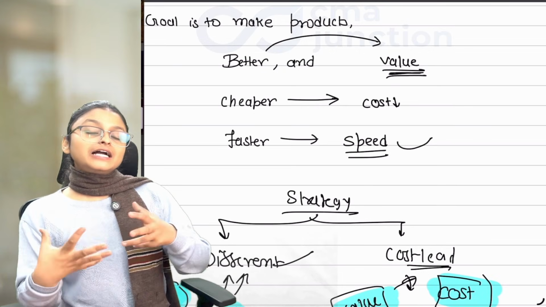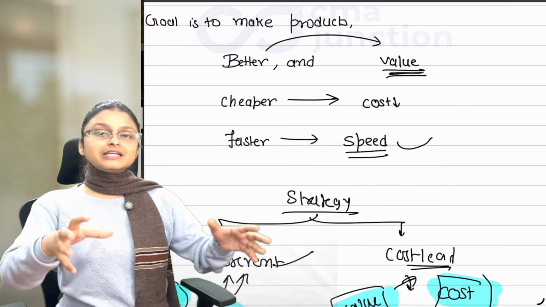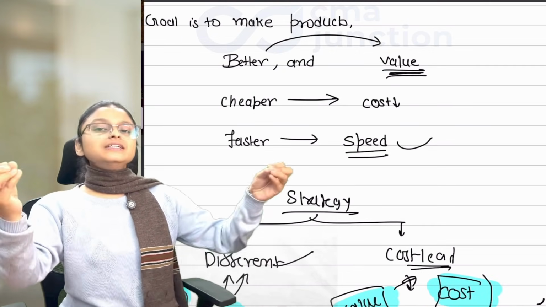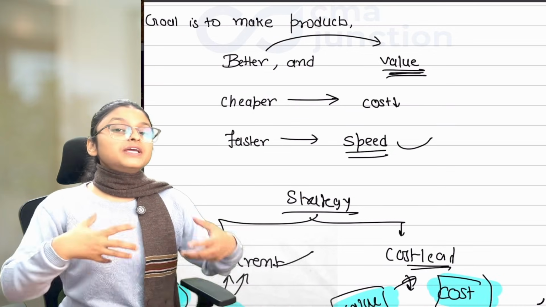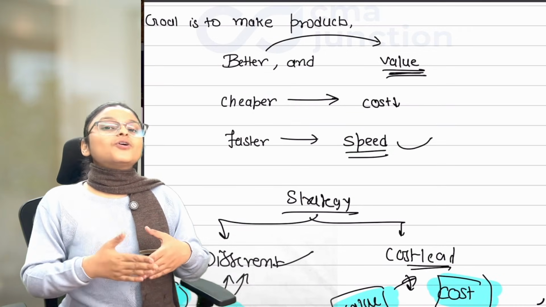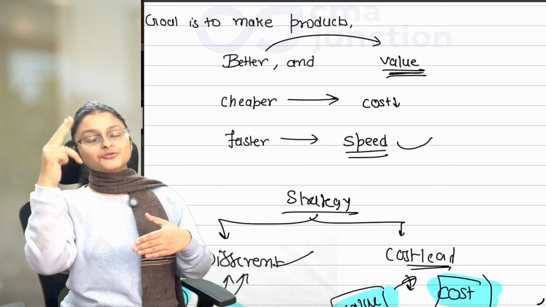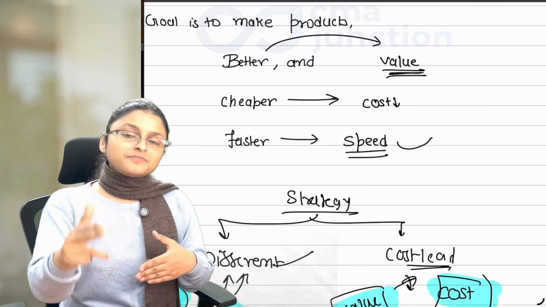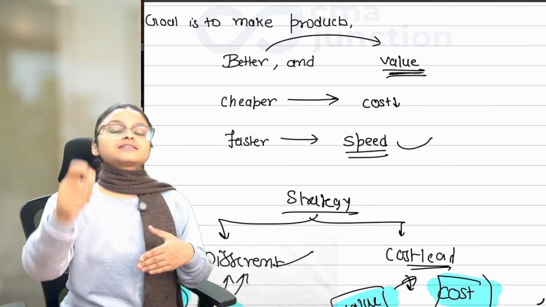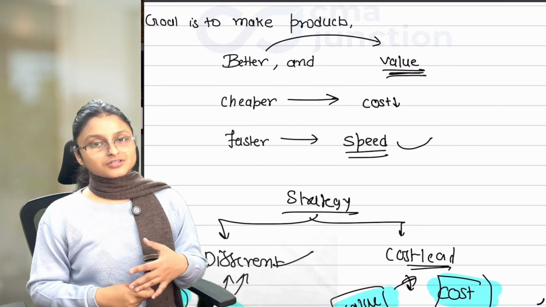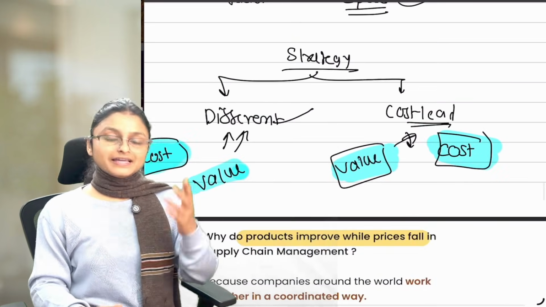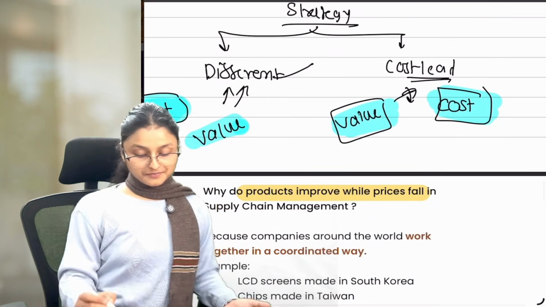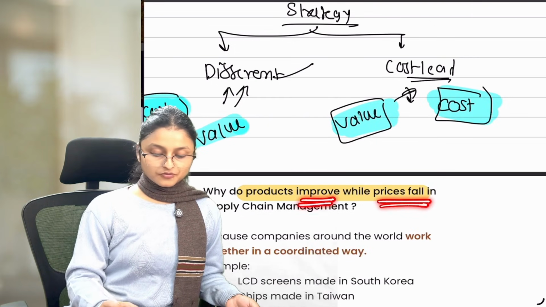So they are taking benefits of different countries and different qualities available in those countries for making their product at a lower cost, hence providing more value, hence able to provide at cheaper cost to the customer, and hence able to do all of these faster. And that is why supply chain is able to reduce the cost and improve the product also.